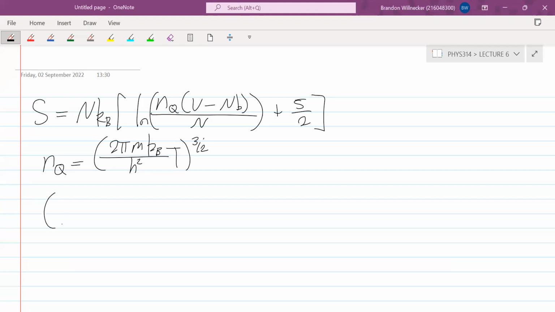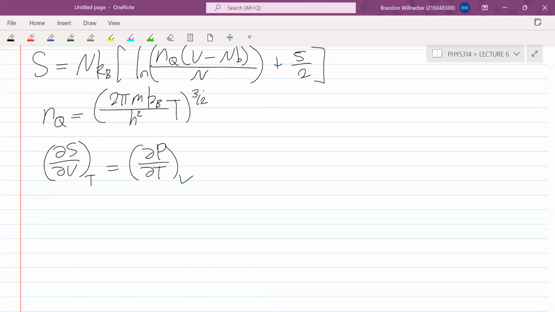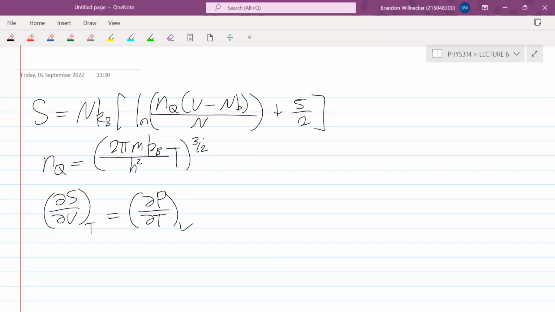That's going to be dS/dV at constant temperature T is equal to dP/dT at constant volume V. You should have derived this in the last hand-in problem. They're pretty good to remember because it's useful in cases like this where you're given the entropy and want to calculate the pressure; this relates the two.